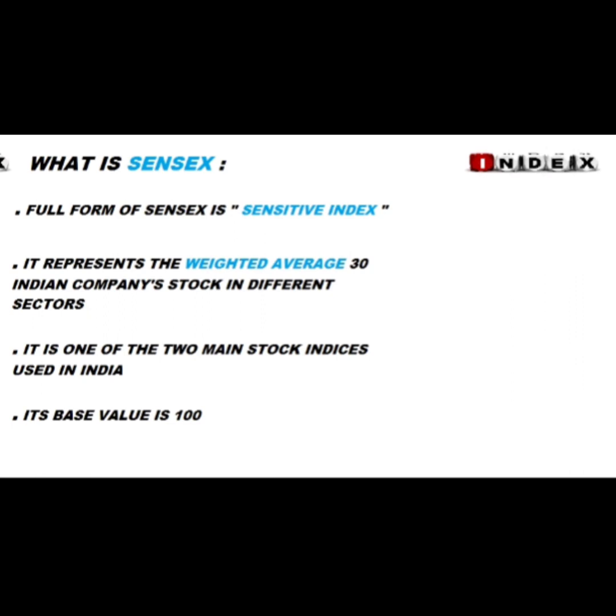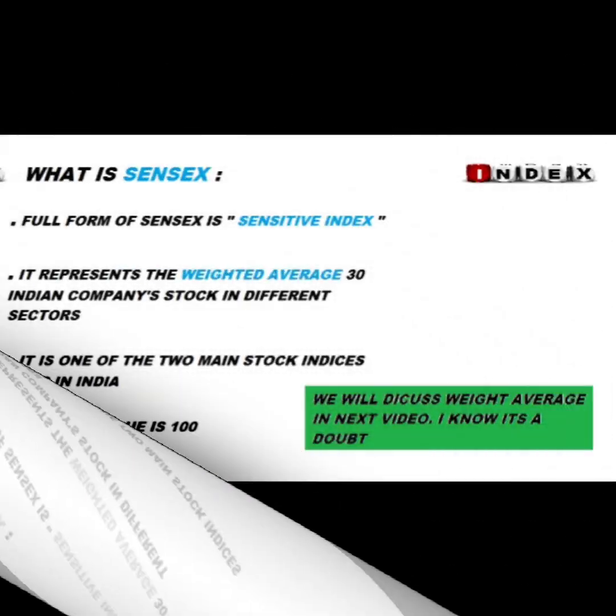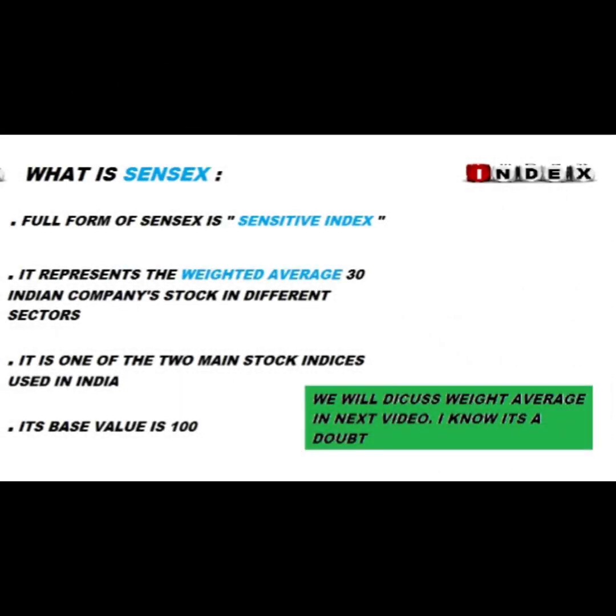When Sensex was made, BSE had many companies under it. So they took 30 Indian companies and made an index from 30 different companies. They made Sensex, calculated using weighted average.